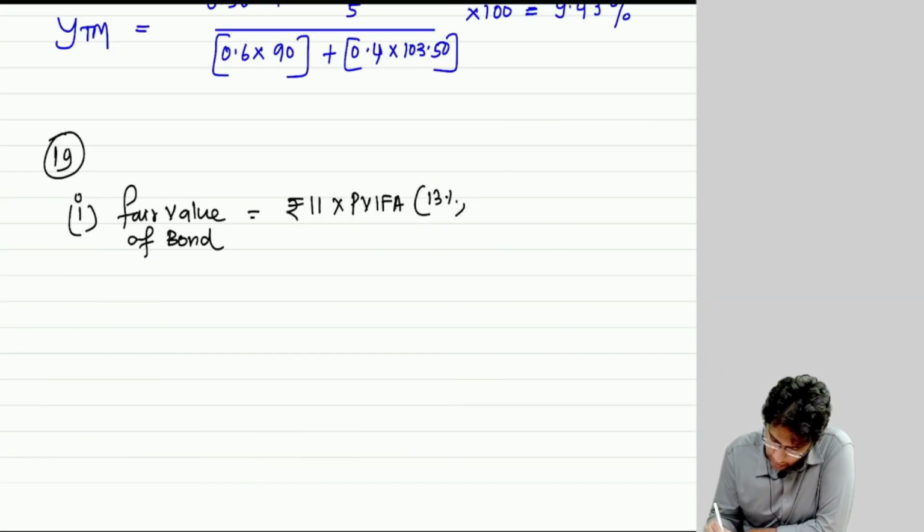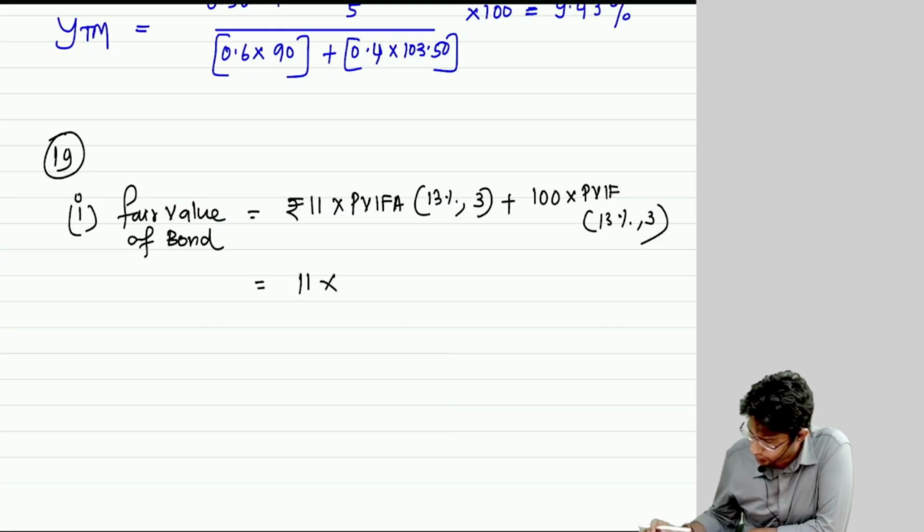Okay, 13%, how many years? 3 years. 100 into PVIF, 13%, third period, plus 11 into the annuity factor.